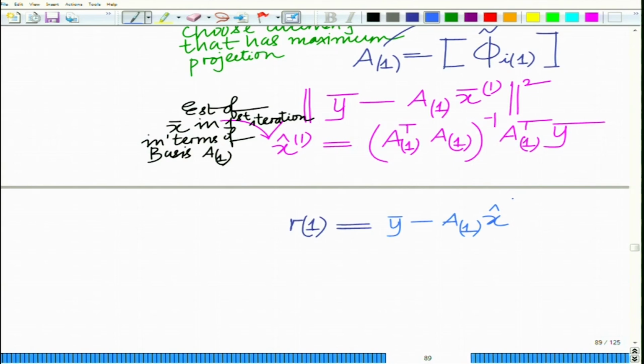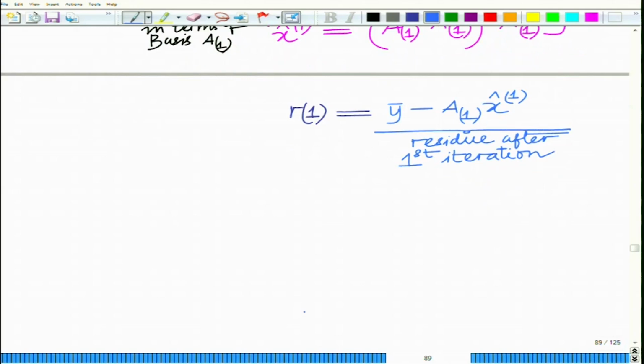You have estimated x hat of 1, and whatever is remaining, that is y bar minus the basis times x hat of 1, this is your residue after the first iteration. Okay, so this is the first iteration in the orthogonal matching pursuit.